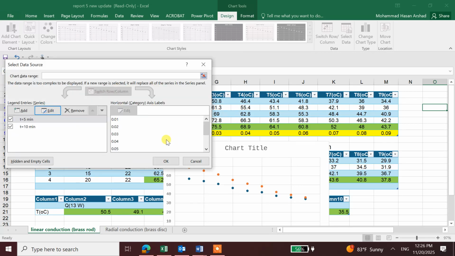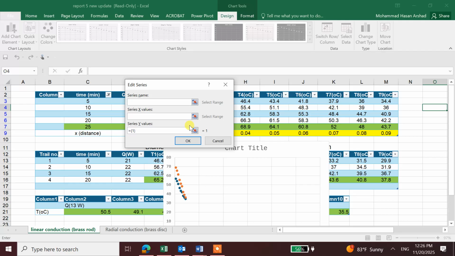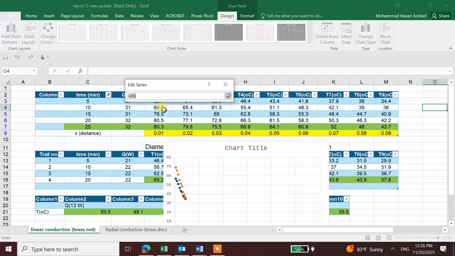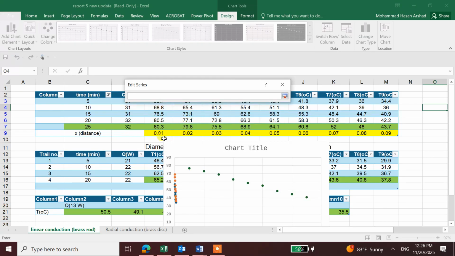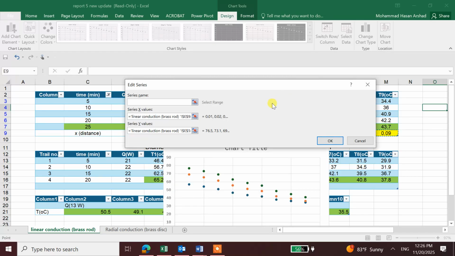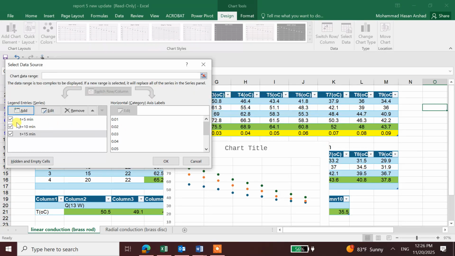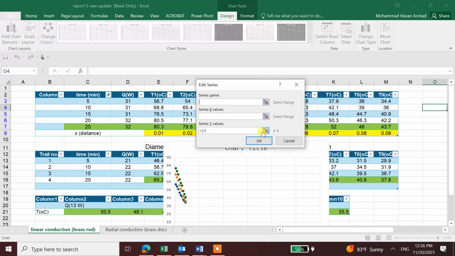Then we keep adding: the third one is t equal 15 minutes, with the same x-axis.